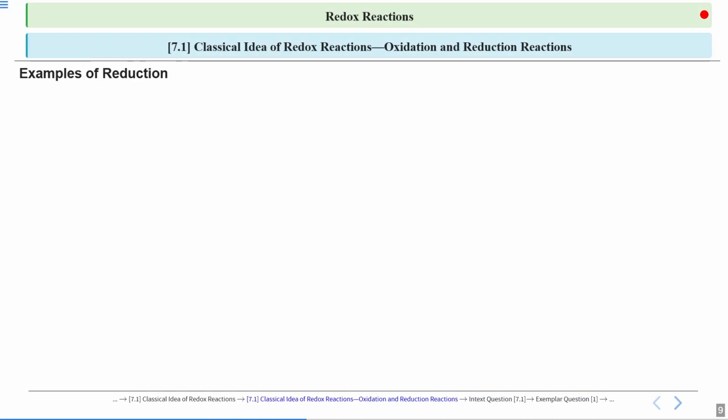Now, let's consider some more examples of reduction in which we will understand the addition of hydrogen and other aspects also, by which we will have a clear view of the reduction process. So in this, the addition of hydrogen.